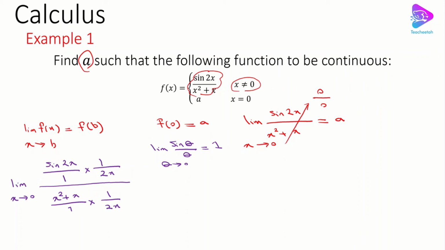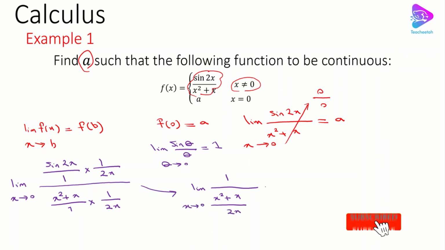So we can rewrite this limit in the form of the limit of 1 over x squared plus x over 2x when x is approaching 0. Now we can do factoring, so we can make it the limit of 1 over, factoring x, x plus 1 over 2x. This can be cancelled.